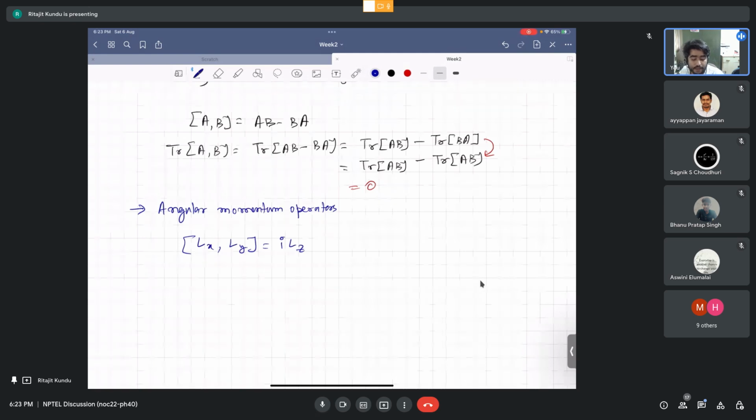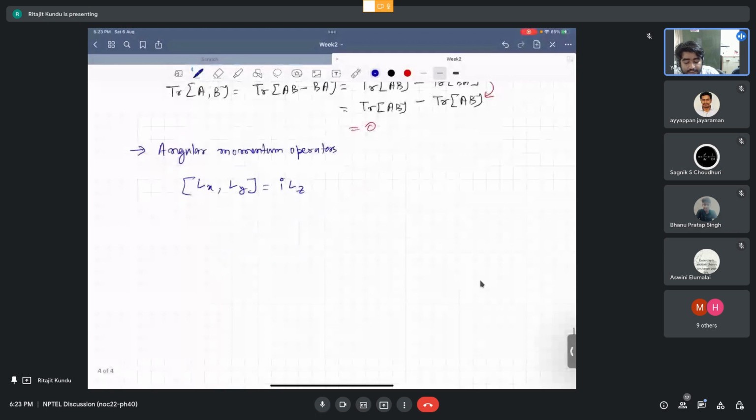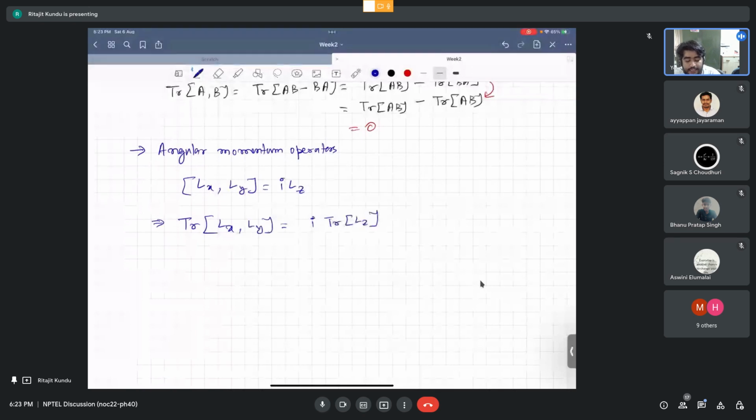I am working in dimensionless units, so I am not being too careful about h bars. Let's take the trace on both sides: trace of the commutator of Lx comma Ly, and on the right hand side, trace of Lz. We know that the trace of this commutator vanishes, because I have just proved to you that it vanishes.